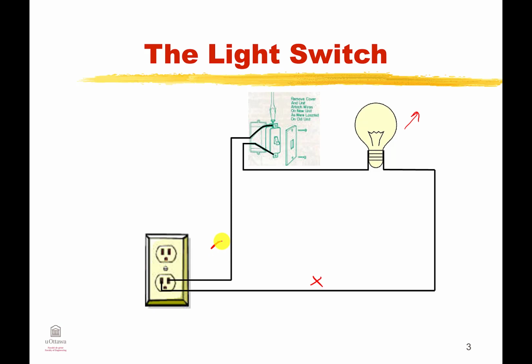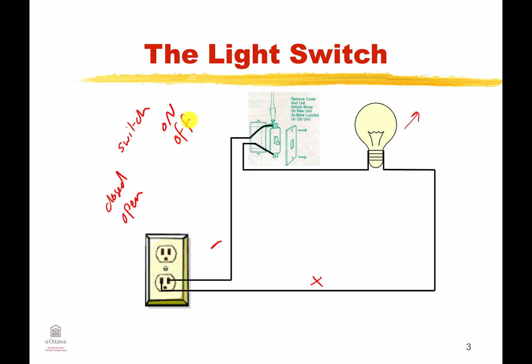So how does this circuit work? Can we describe it? The answer is basically yes. If I have my switch here and that switch is closed, that means the light will be on. If that switch is open, that means the light is off.